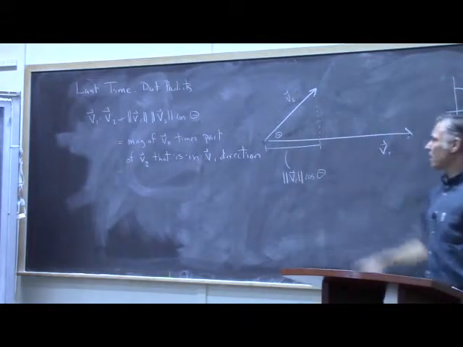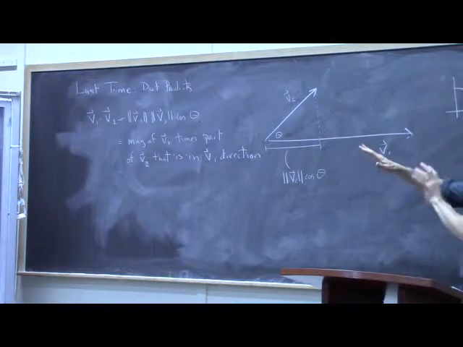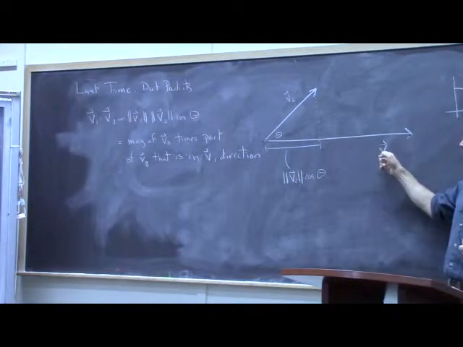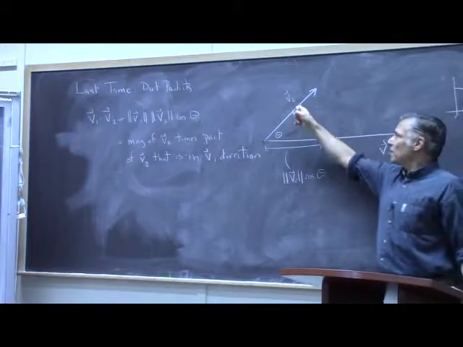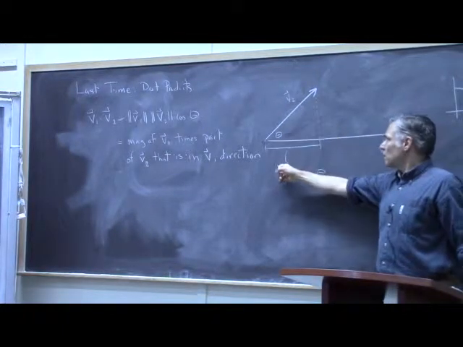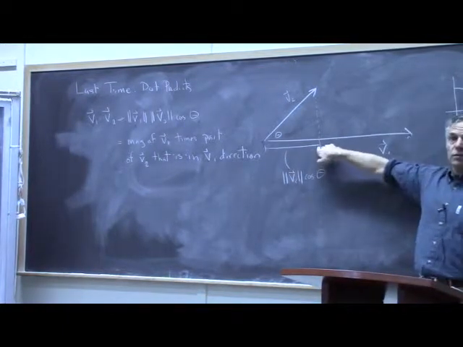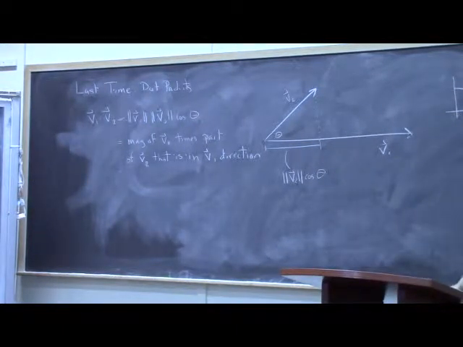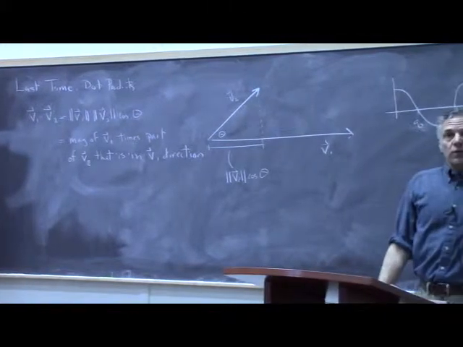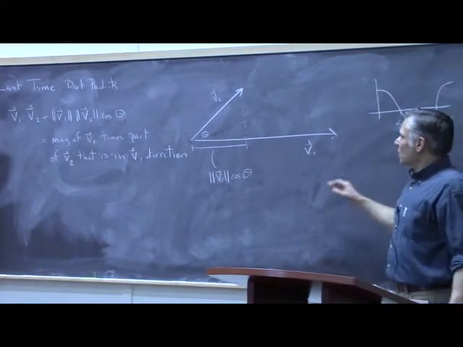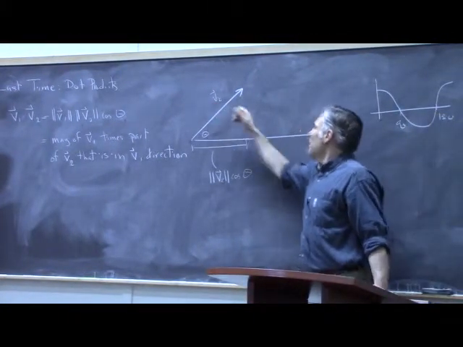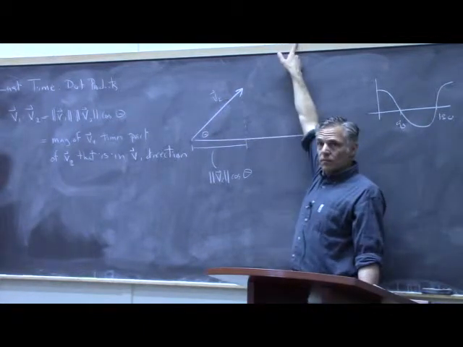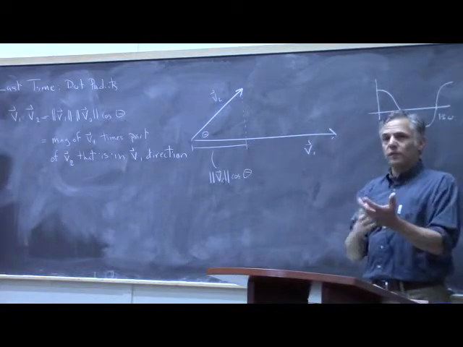That's the adjacent. And so what that tells me is that the dot product is the magnitude of v1 times the part of v2 that's in the v1 direction, just this component. I could also tell the story the other way around. It's also the magnitude of v2 times the part of v1 that's in the v2 direction. So you could swap out v1 or v2.